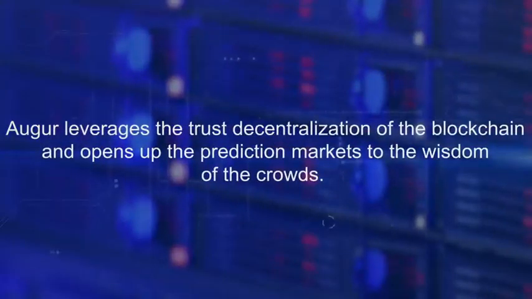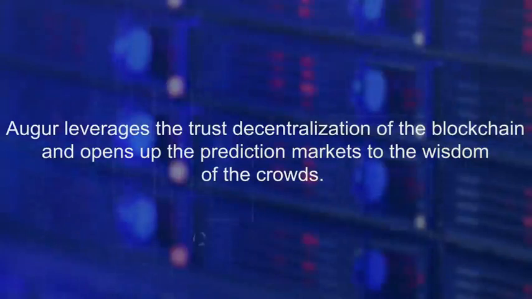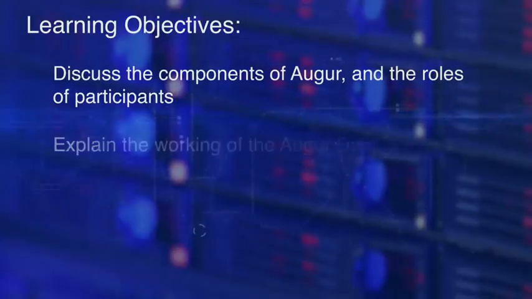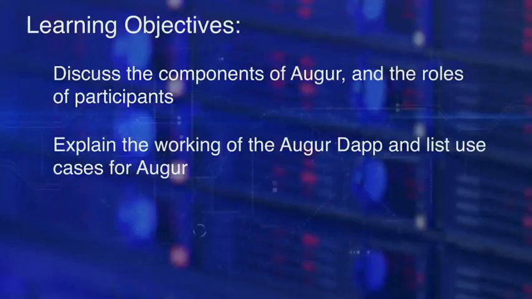Augur leverages the trust decentralization of the blockchain and opens up the prediction markets to the wisdom of the crowds. This is indeed innovative. On completion of this lesson, you will be able to discuss the components of the Augur and roles of the participants, explain the working of Augur DApp, and list use cases for Augur.